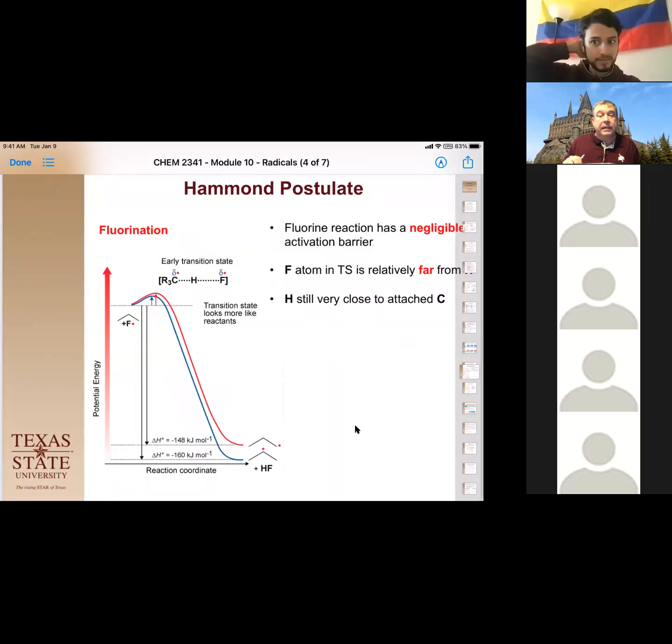And what that means is that because it's an exothermic reaction, the fluorine atom in the transition state is far from the hydrogen it is abstracting, and the hydrogen is very close to the carbon as it's abstracting, leading to this small transition state that looks more like the starting material. Now, once it does abstract that, it cascades down into forming our two products.